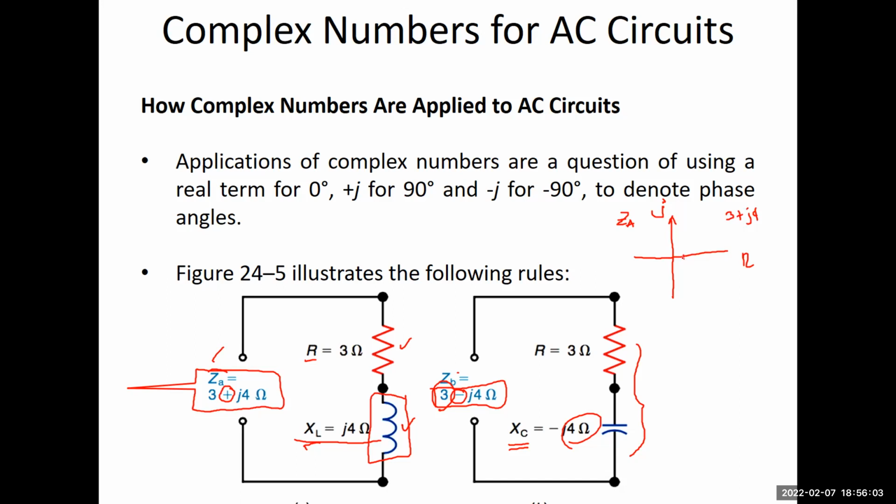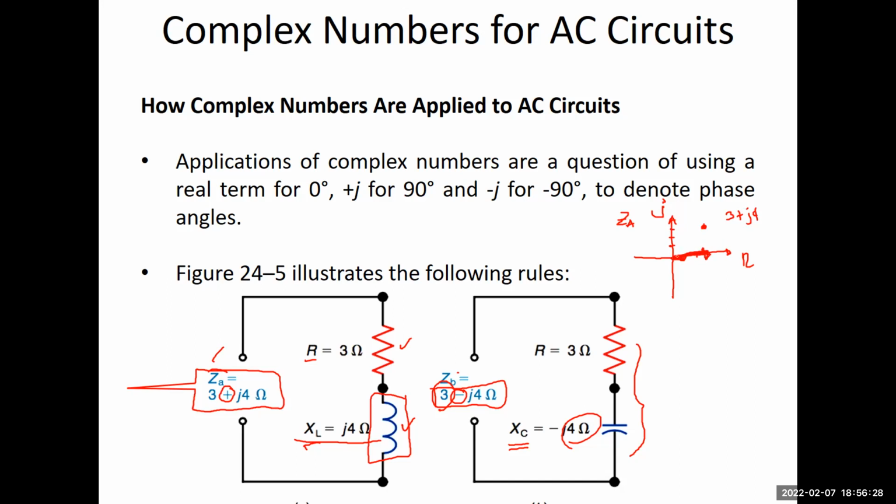That means we have 3 units to the right, and then 4 units up. So 1, 2, 3, 4. So 3 and 4 is here, right? So we have 3. This is our R, this is its tail.